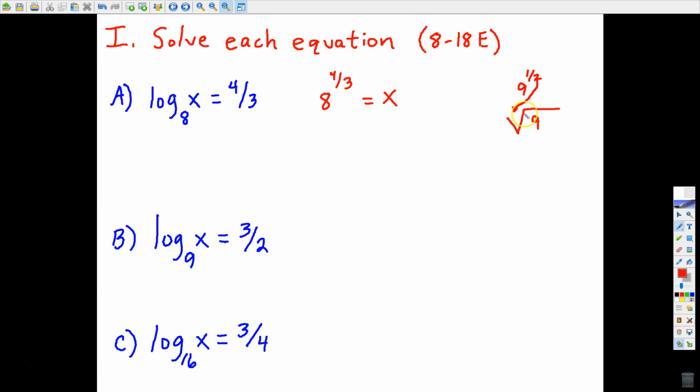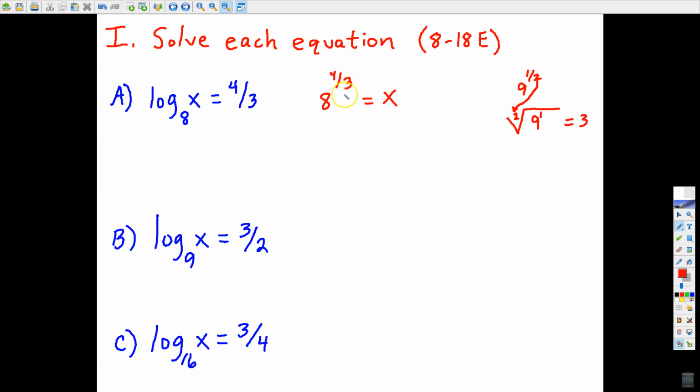For square roots, we don't write the index, we don't put a little 2 in there. It's always understood to be 2. The top number of the fraction stays with the base. So you're just saying the square root of 9, which is 3.